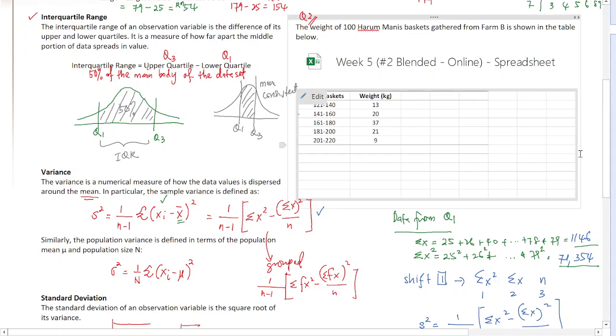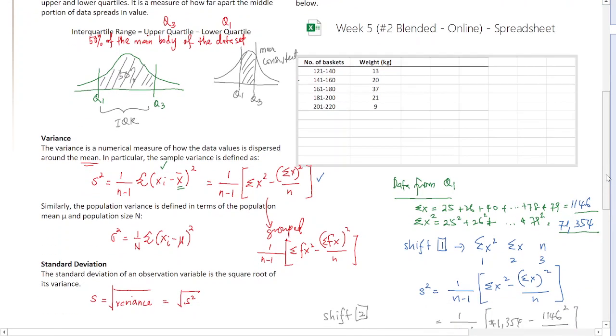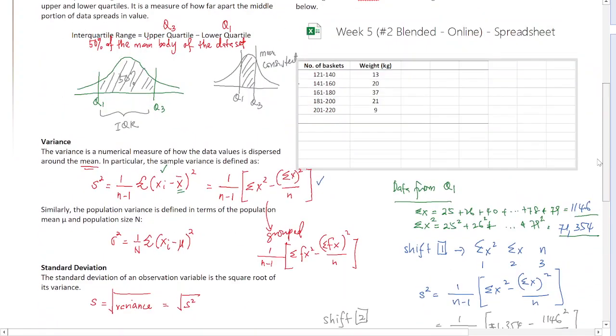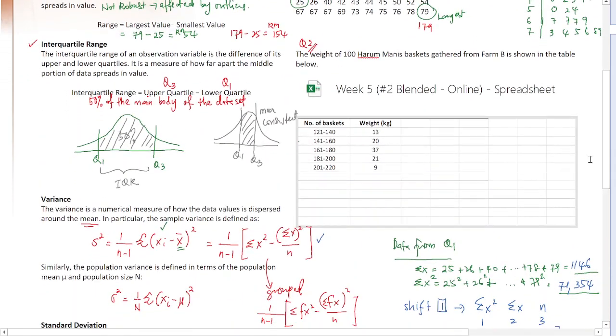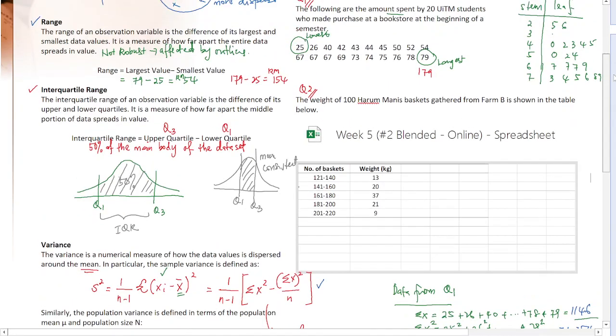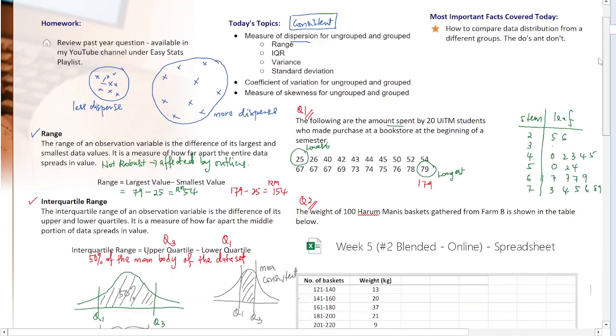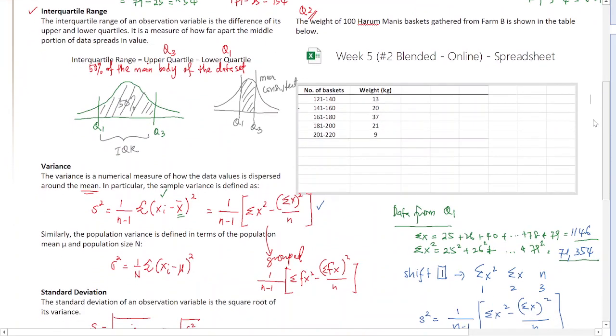Siapa tak keluar ni? Sekejap eh, dia tak keluar lah. I have no idea kenapa tak keluar.